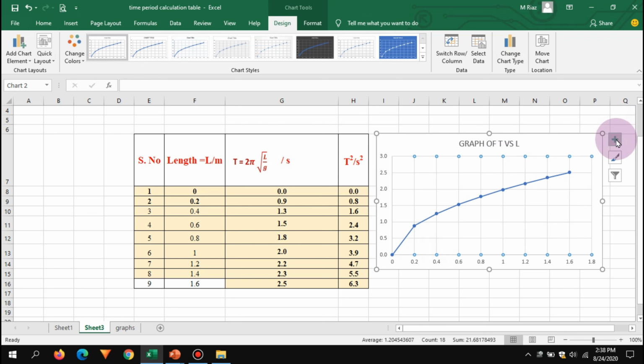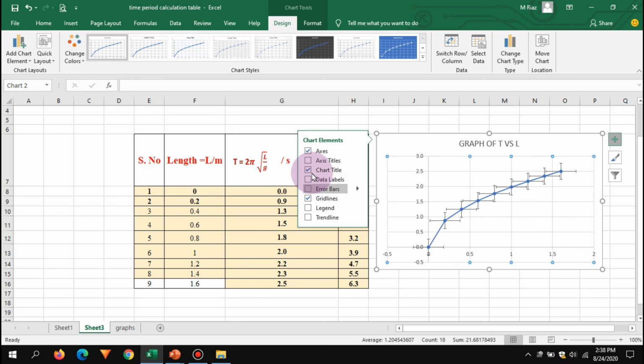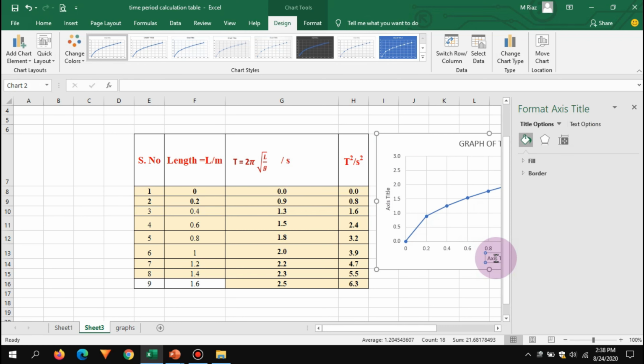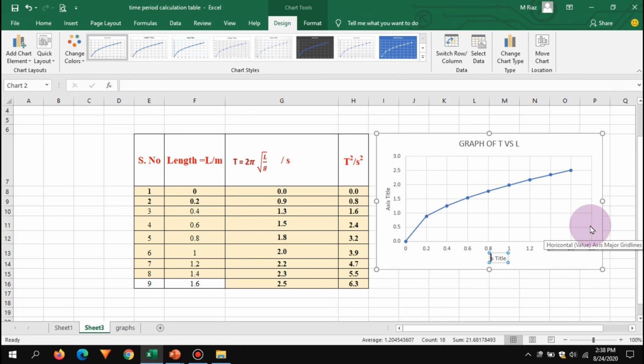Similarly, if you click this part, you can include the axis titles. Now here we see title. You can mention here that this is length, and this length is taken in meters. So you can write here meters.